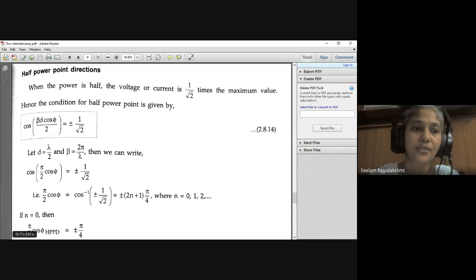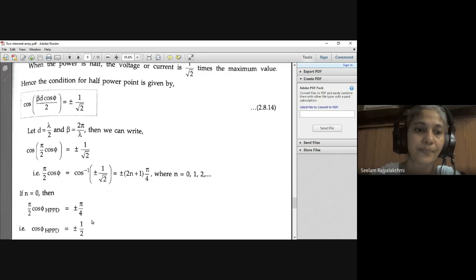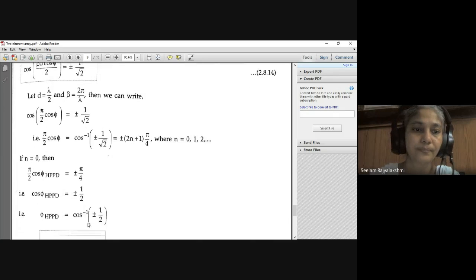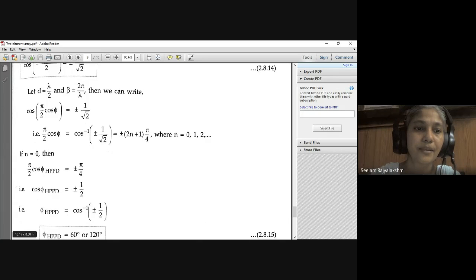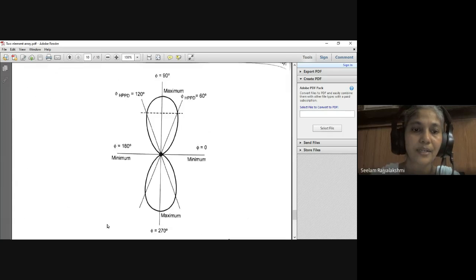When n equals 0, pi by 2 cos phi at the half power point direction, HPPD, equals plus or minus pi by 4, or cos phi HPPD equals plus or minus half. That is, phi HPPD equals cos inverse plus or minus 1 by 2, which is 60 degrees or 120 degrees.